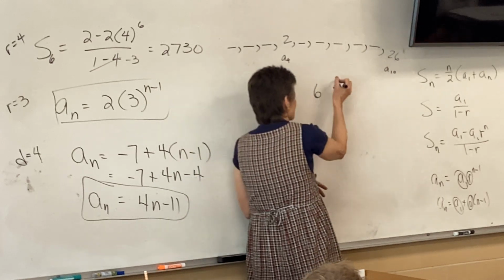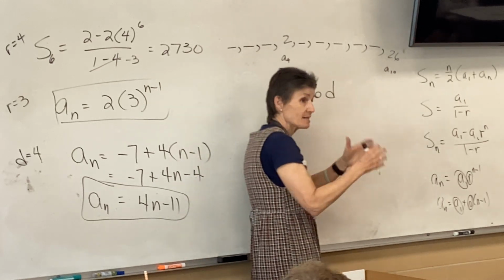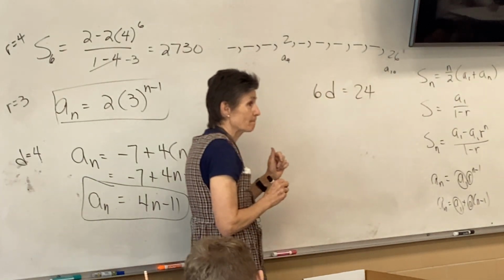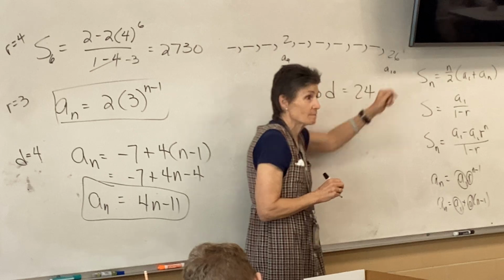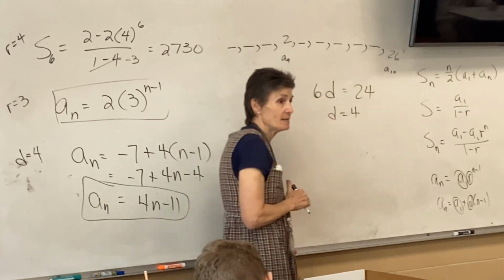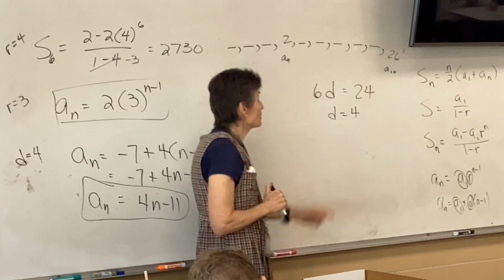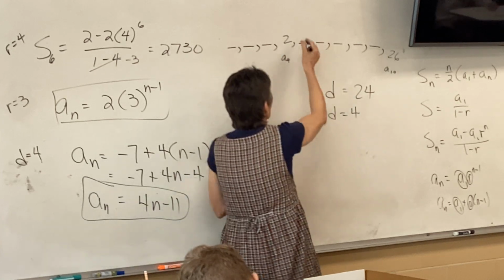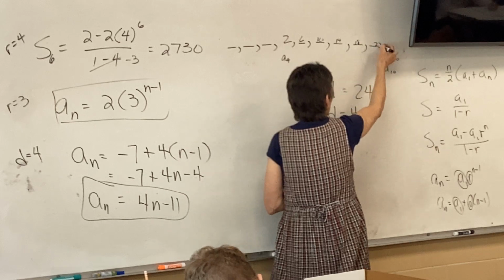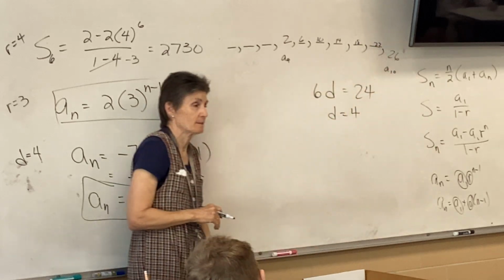So 6 steps, 6 additions have to add up to be 24 to get from 2 to 26. So that means each step must be 4. So if you add 4, add 4, add 4, add 4, add 4, add 4, there you go, it's perfect.